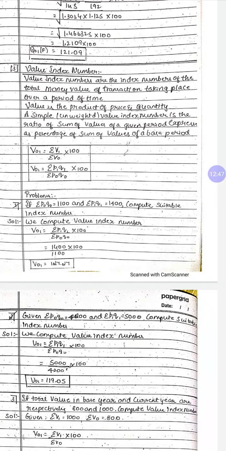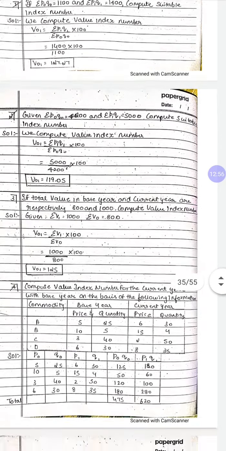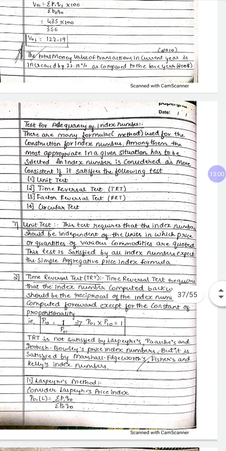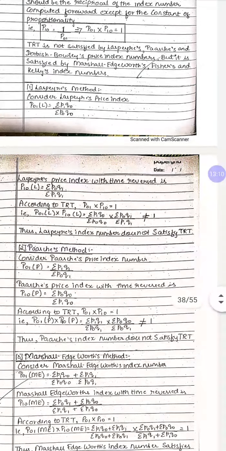Next we have value index number, where we need to find out values, okay, that is current year price and current year quantity divided by base year price into base year quantity. Then we have tests. See, your tests are very important here, where we need to find out whether the test will be satisfied, okay.